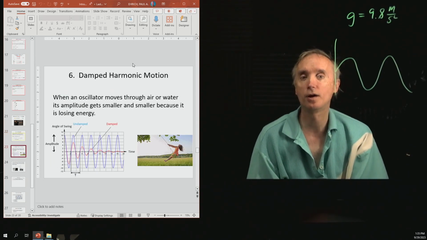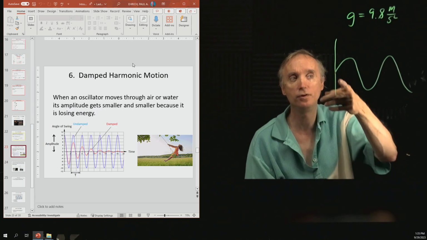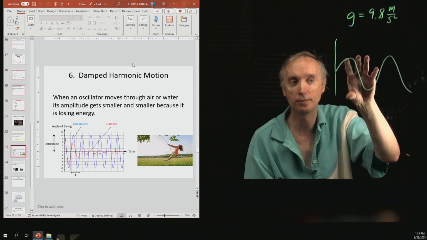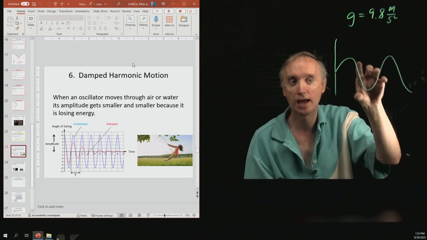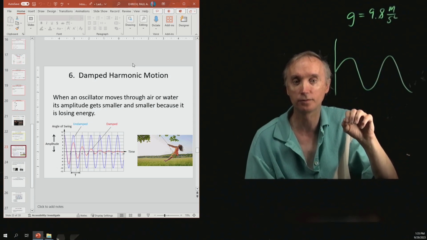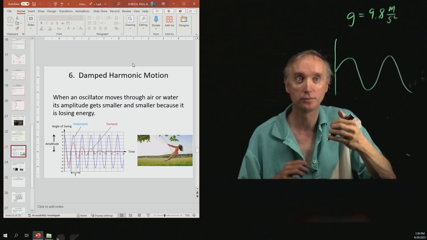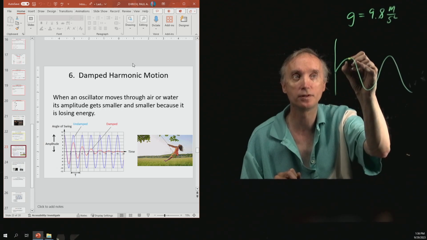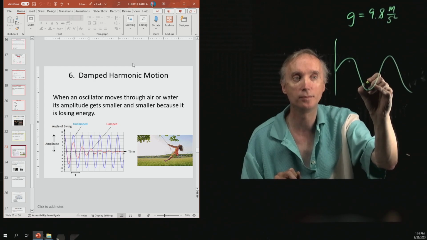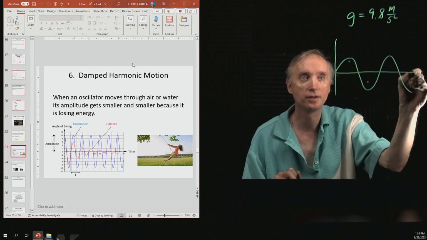Okay, then we talked about what is damped harmonic motion. So again, I could give you a picture like this, and I could say that this is undamped harmonic motion. How would the picture look different if it was damped harmonic motion? The amplitude would get smaller, so that instead of going up to here, maybe it's going to go to there. And instead of going down to here, maybe it's going to go to here. Now it's still going to cross at the same point.